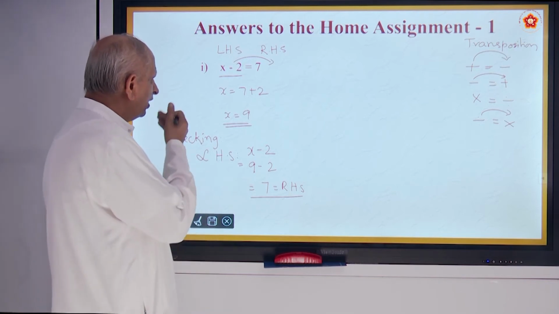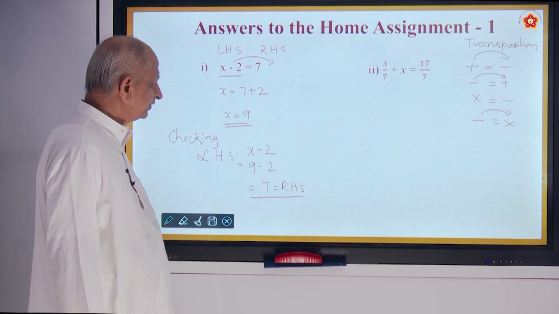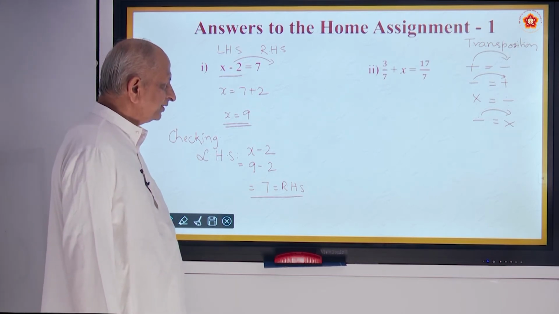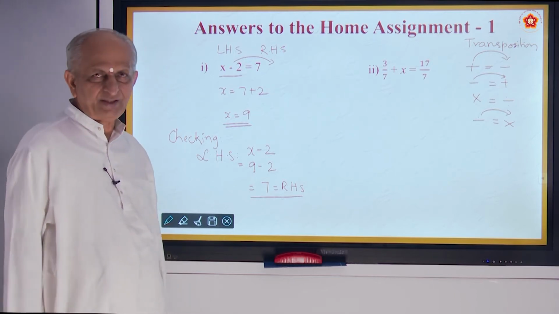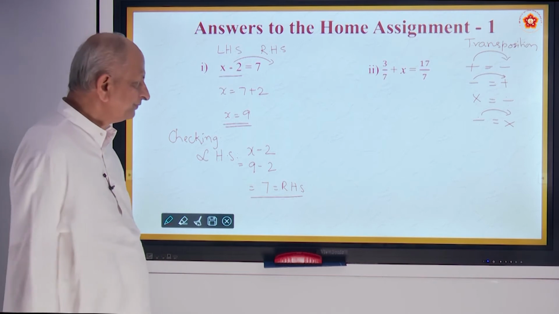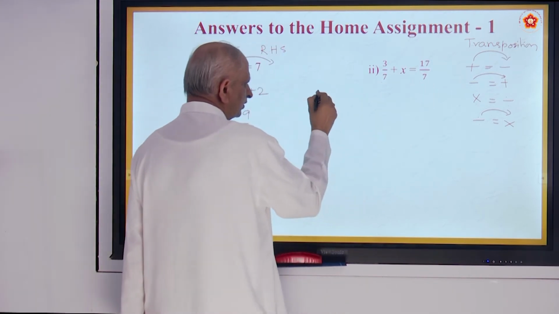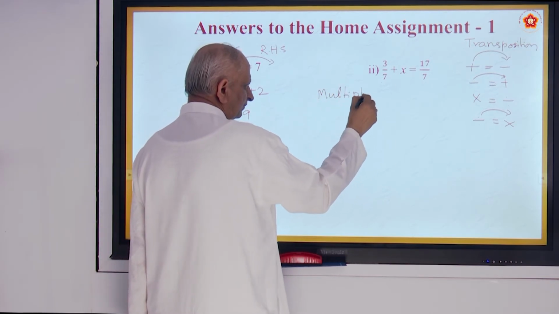Okay. Now, coming to second question, you have noted down. Second question is 3 by 7 plus x is equal to 17 by 7. So, whenever there is fractions, you have to take LCM of the denominator. So, what is LCM of denominator? 7.